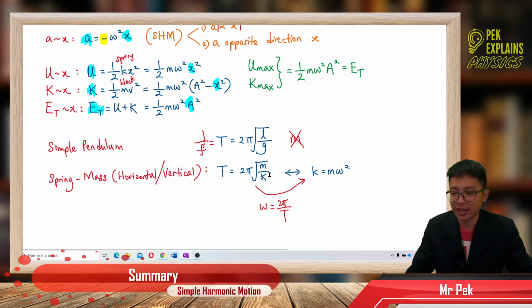We have m and k here, and omega is 2 pi over the period. So from period equals 2 pi square root m over k, you get k equals m omega squared. These two formulas are the same.